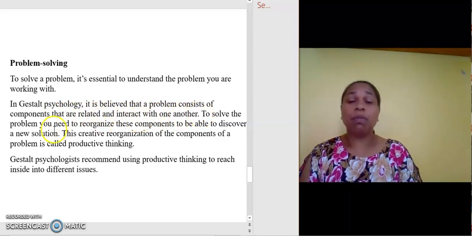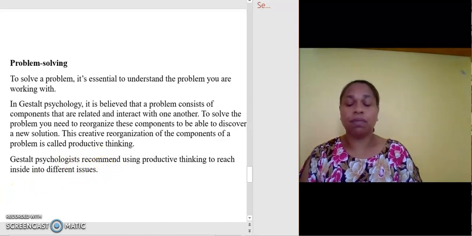To solve the problem, you need to reorganize these components to be able to discover a new solution. This creative reorganization of the components of the problem is called productive thinking. Gestalt psychologists recommend using productive thinking to reach insight into different uses.